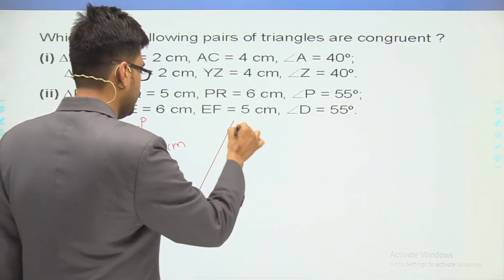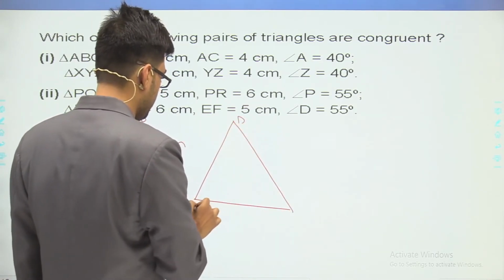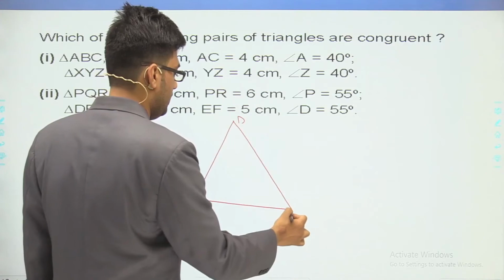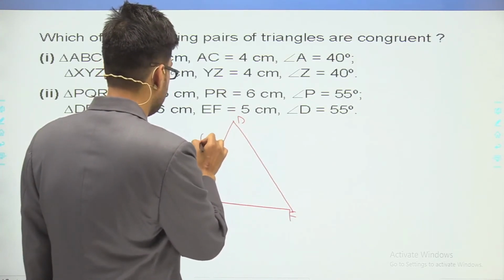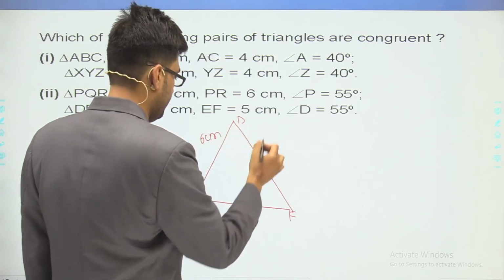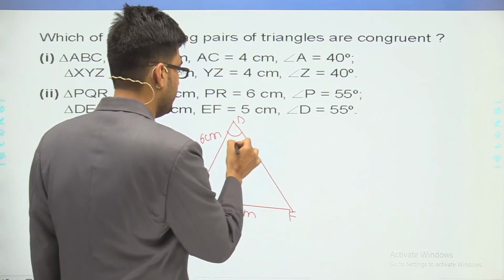And the other triangle is DEF. Here DE is 6 centimeter, EF is 5 centimeter and angle D is 55 degree.